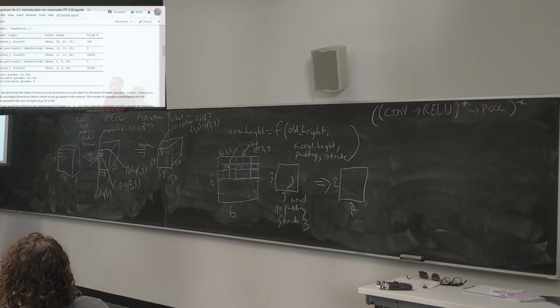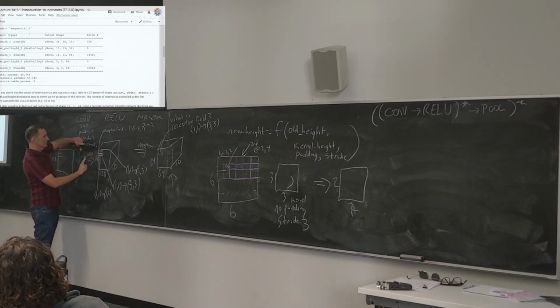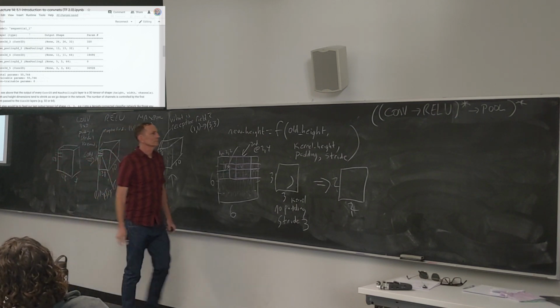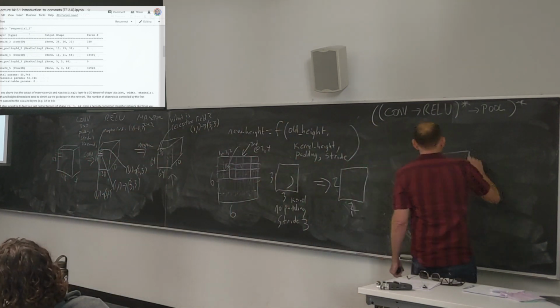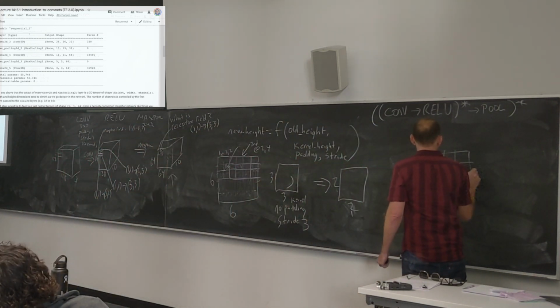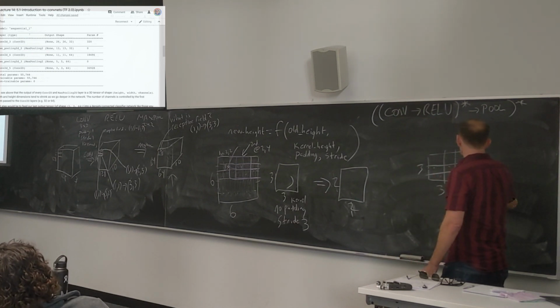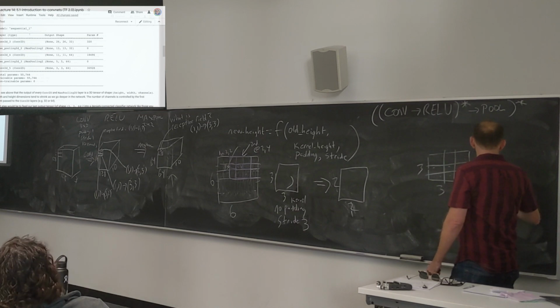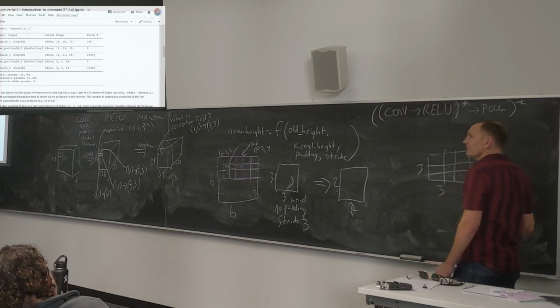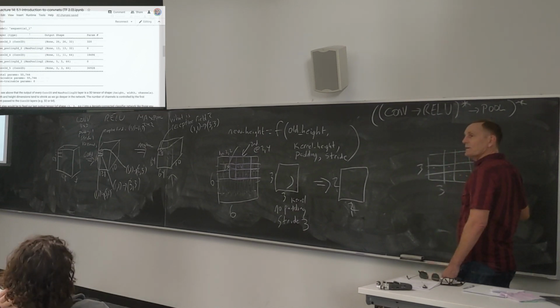Why 10? 3 times 3 plus the bias. Right, so we've got a 3 times 3 kernel. So 9 numbers, 9 weights, plus the bias. That's 10. Why do we not have any depth here?